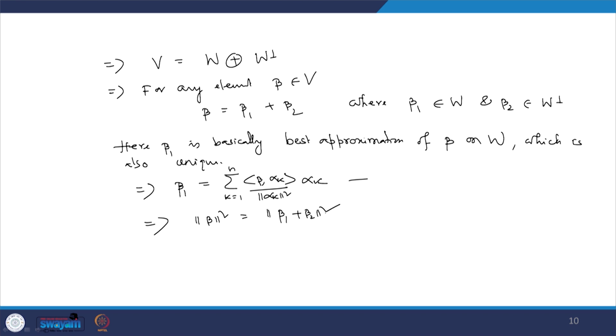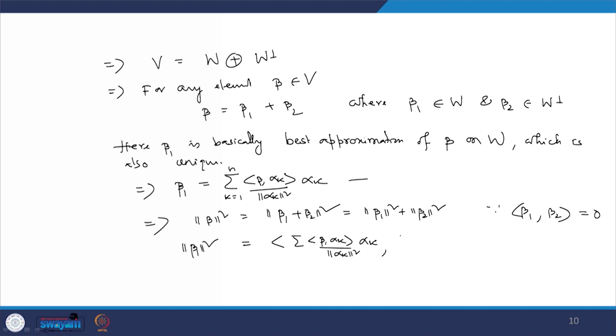This is equal to the norm of beta 1 squared plus the norm of beta 2 squared, since the inner product of beta 1 and beta 2 equals 0. Now, the norm of beta 1 squared is the inner product of the sum of beta alpha k by norm of alpha k squared times alpha k, and the sum of beta alpha j by norm of alpha j squared times alpha j.